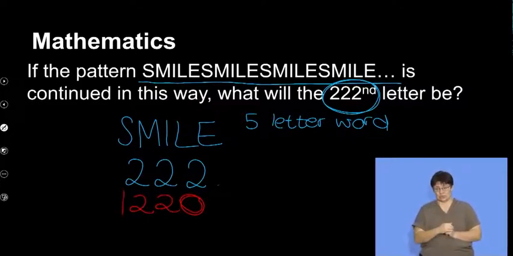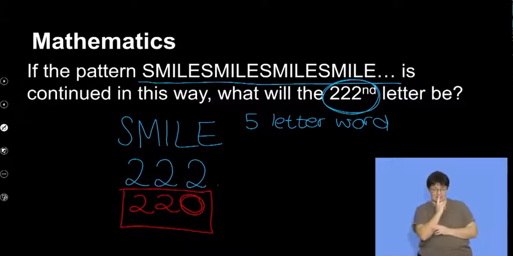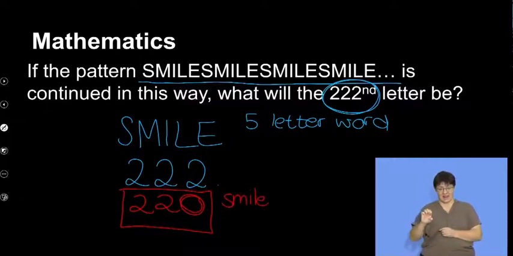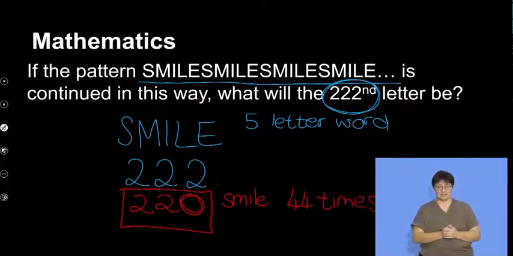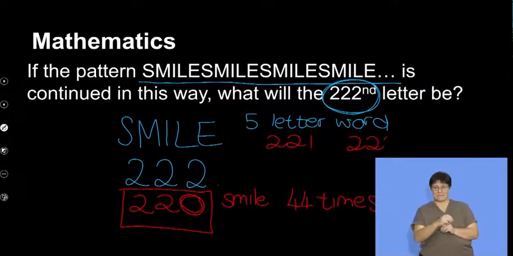And we can see that with 220 letters in this pattern, we would have had the word smile repeated 44 times. That means that the pattern will begin again with the 221st term and the 222nd term.